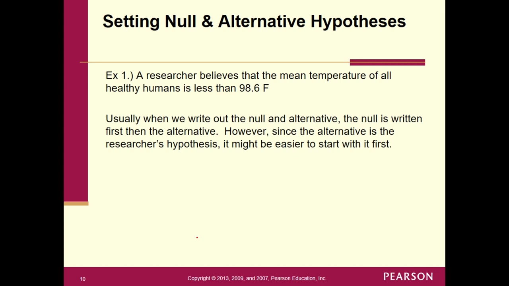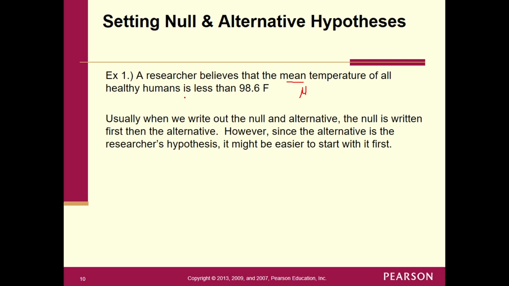So what do we think here? The researcher believes that the mean temperature of all healthy humans, and since we're working with a mean, what are we working with? We're working with mu. Mu stands for the mean temperature of all healthy humans in this particular problem.